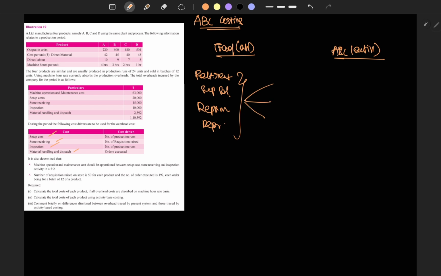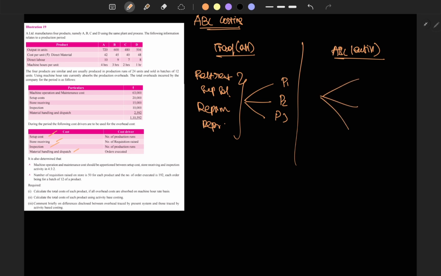In the traditional method we apportion all these factory overheads in two processes, primary distribution and secondary distribution. We are distributing these overheads into production departments.